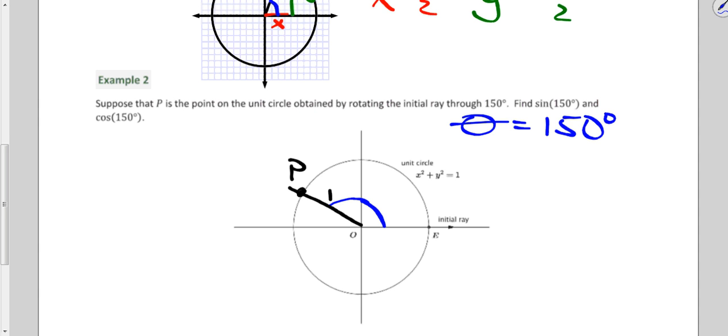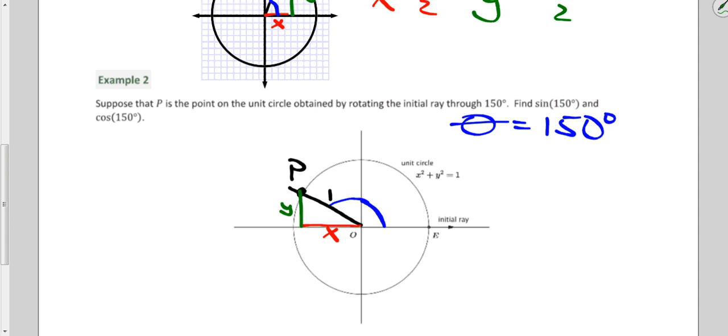So now, remember, my triangle now is here. My red is my x, and my green is my y. Now, what is my x?